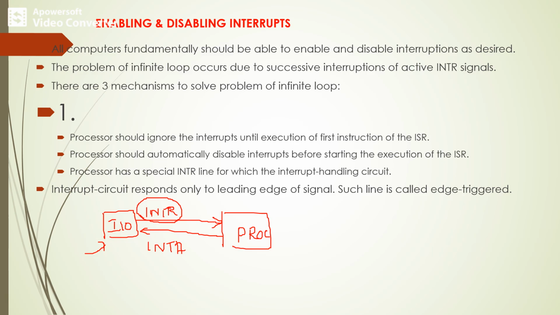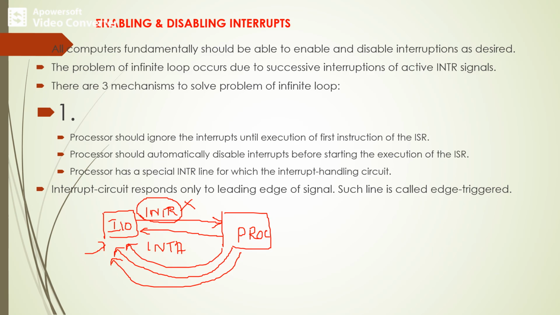Now the processor may think that once again the IO device wants its service and it will provide the service. So if the enabled request is not disabled at the IO side, the processor will keep on providing the service.